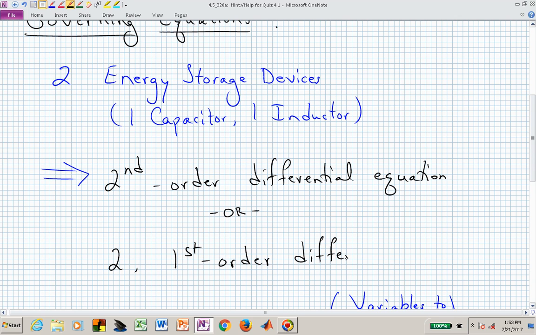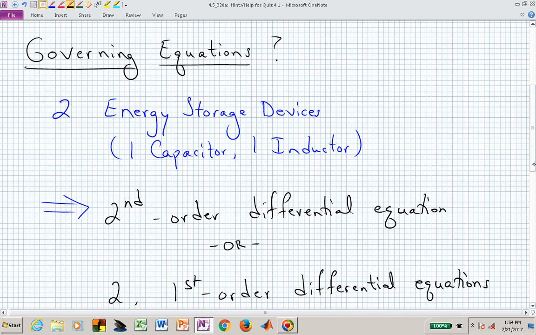With two energy storage devices, we're expecting a second order differential equation in one variable or two first order differential equations in two variables that are going to be what we will call state variables, or variables that contain the information about the dynamics of our system.